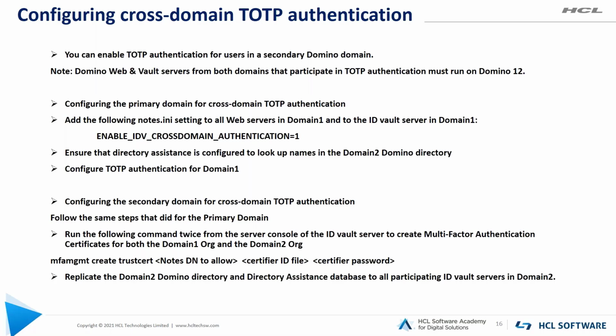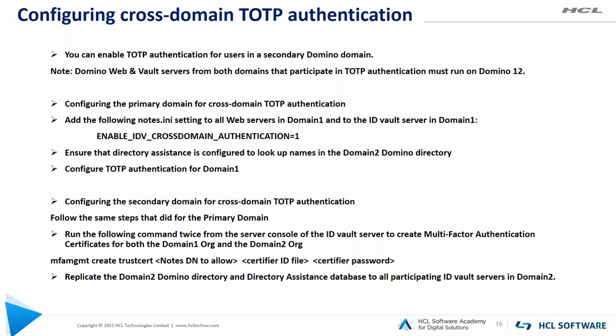Before proceeding to the end user configuration, we will look into some considerations for cross-domain TOTP authentication. Now you can enable TOTP authentication for users in a secondary Domino domain. The requirement is all participating servers in both domains should be on Domino 12, and a directory assistance is configured to look up names in the secondary Domino directory.